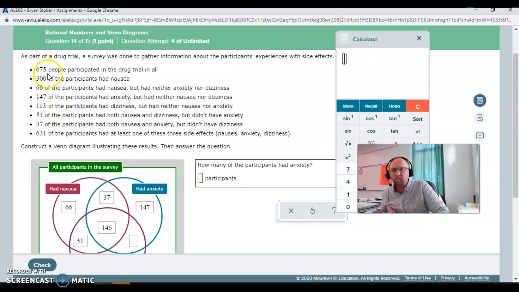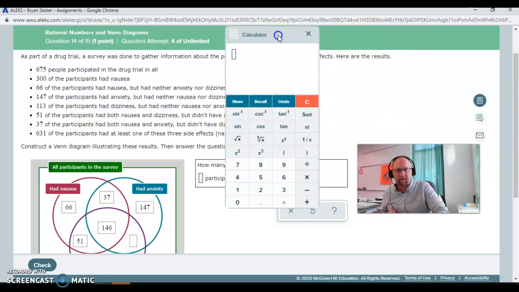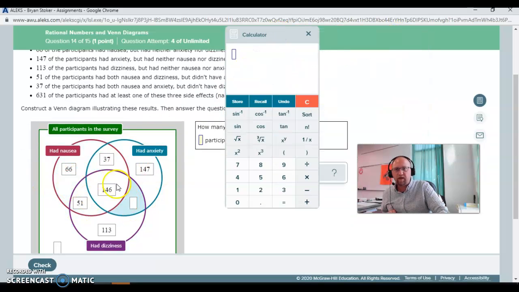Now for the anxiety bubble, what I know is this. Of the 675 people in the trial, 631 had one of the 3 side effects. So I need to add up all the people that have had symptoms that we know of so far. 66 plus 37 plus 147 plus 146 plus 51 plus 113 leaves me with 560.